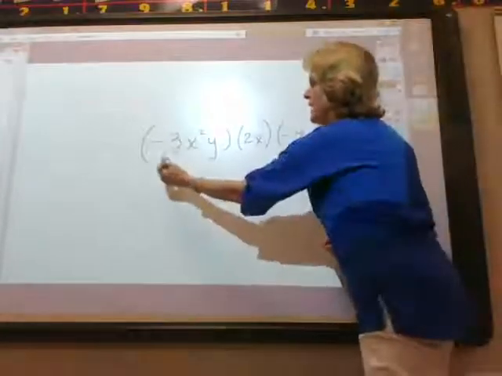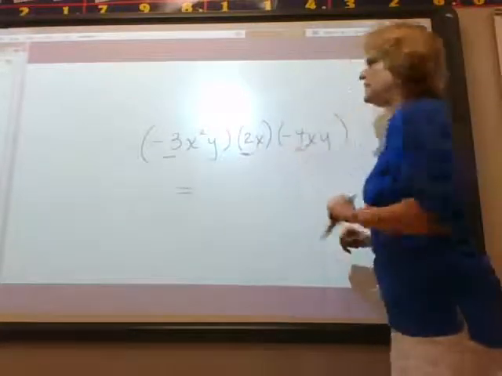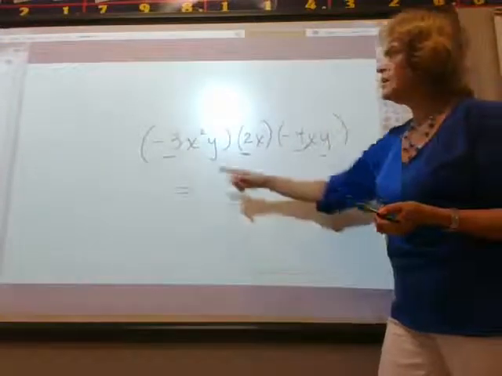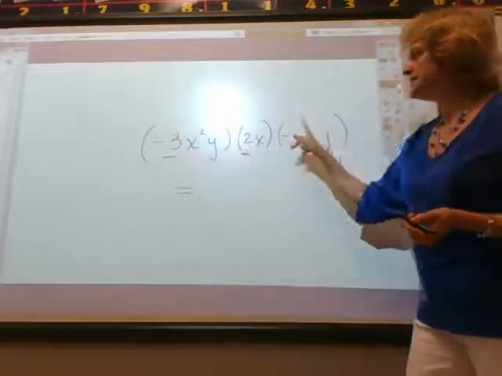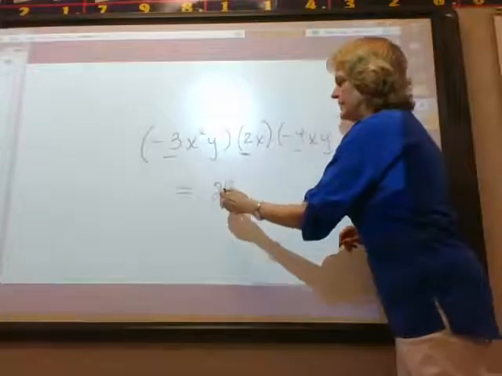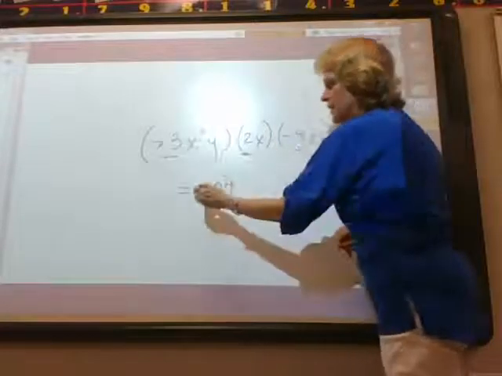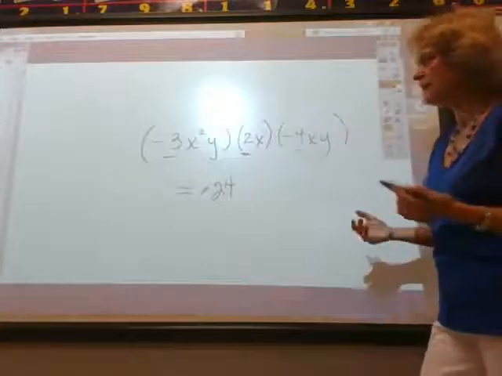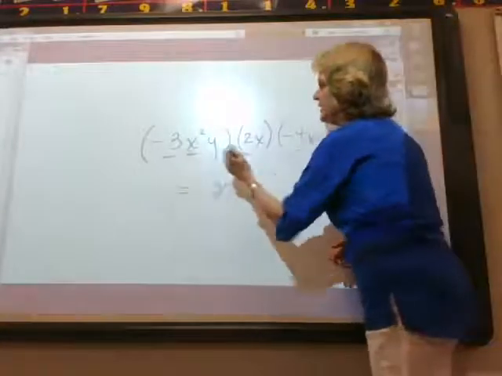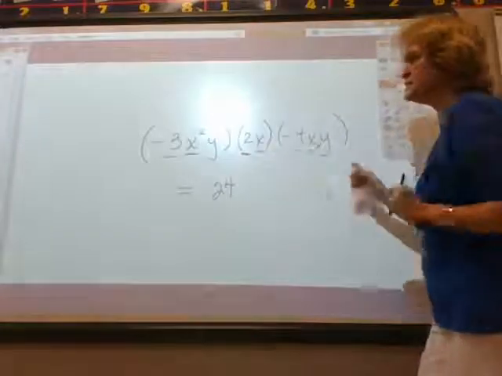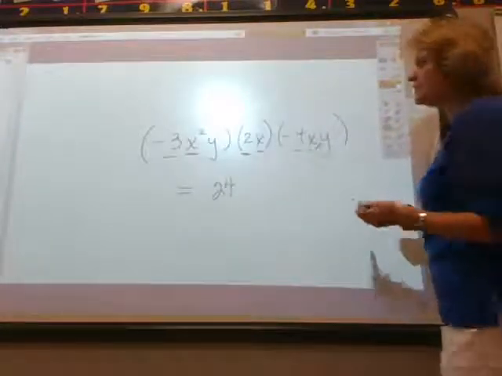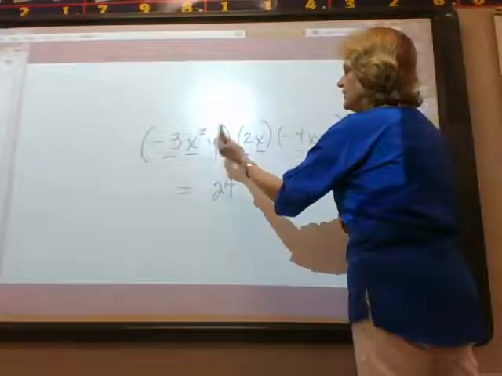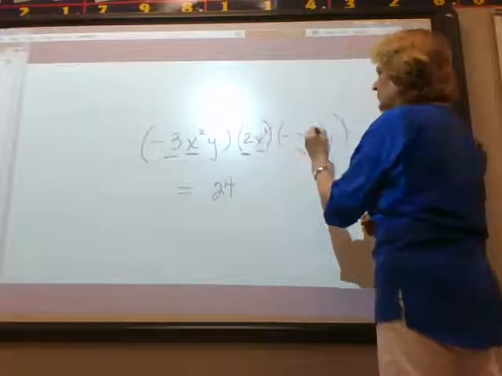Then I multiply the 3 times the 2 times the 4, in any order, it doesn't matter. 3 times 2 is 6, times 4 is 24. And again, negative times negative, positive. You don't need to write the positive, it's implied. Now, x squared times x times x. Those are all the same, right? Same variable. So I have 2 here, I have 1 implied here and 1 implied here.